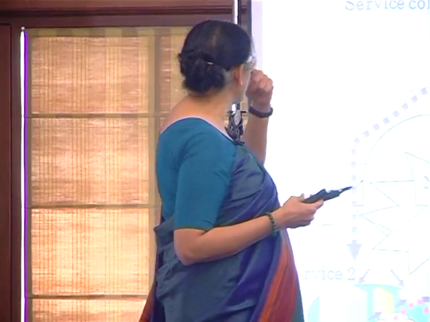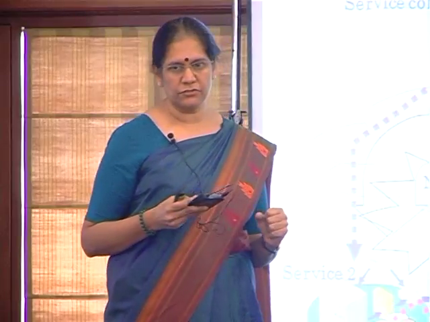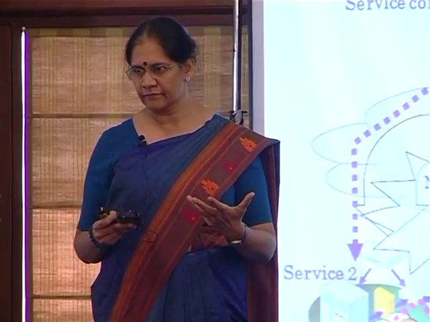So the first one is guaranteed performance against abrupt load increase. So you're running your application on the cloud, and suddenly the amount of users accessing your application increases the load. Seamlessly, it should scale. But your service provider may not have the resources to scale it.